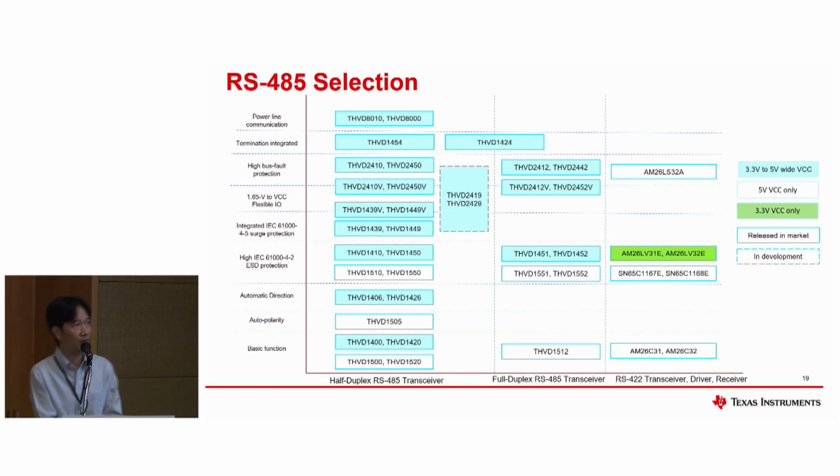One of the benefits of having more options is that, for example, if the other components in your design require 5 volts or 3.3 volts only, then you can select the suitable device for this.